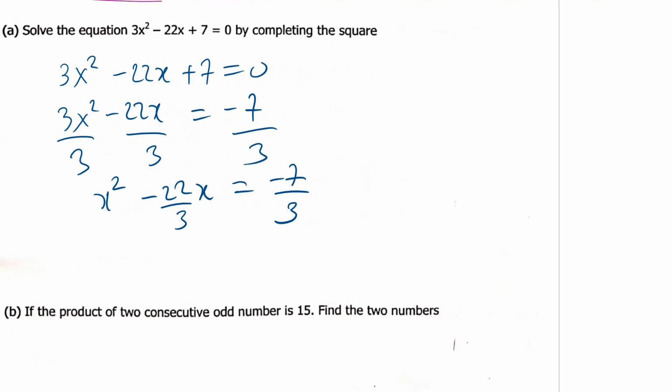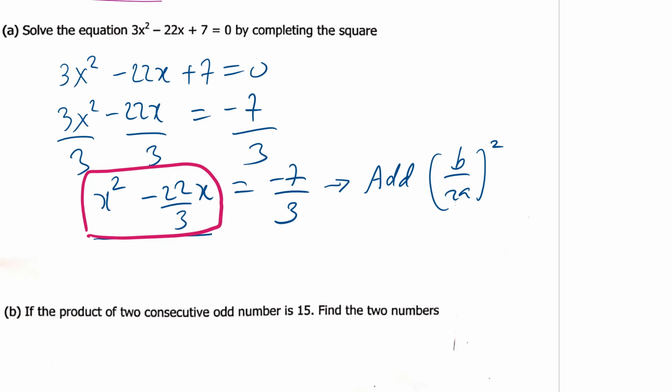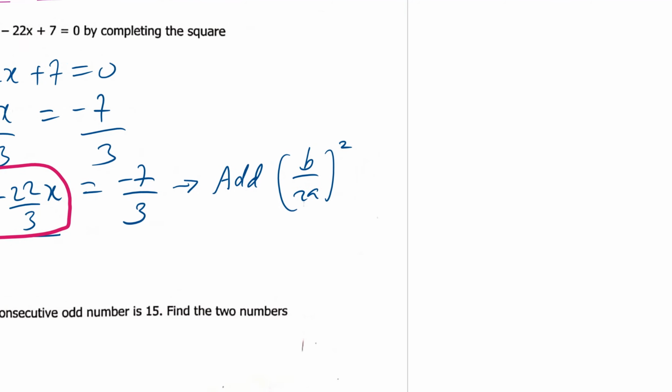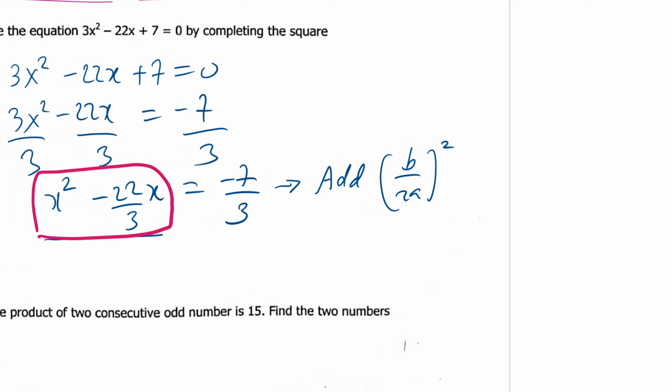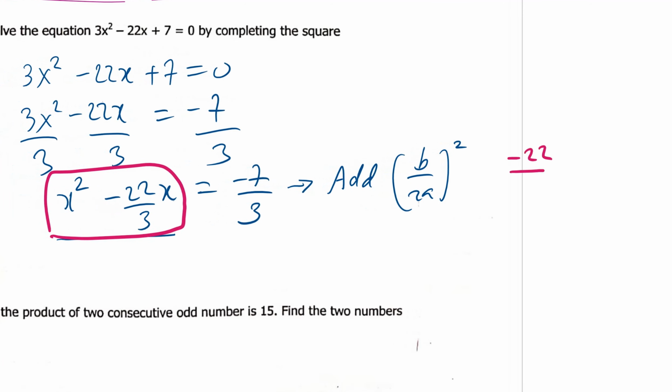We proceed. Now we are going to add (b over 2a) squared, so that we make this expression a perfect square. What we are adding is b, which is negative 22 over 3, divided by 2, so it is 11 over 3, squared, on both sides.